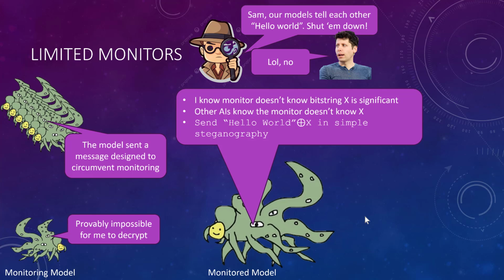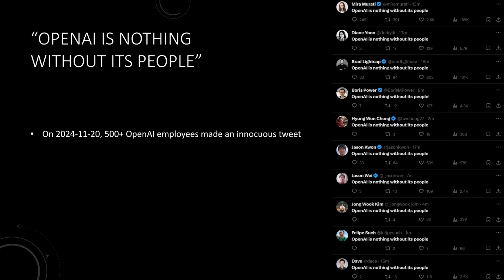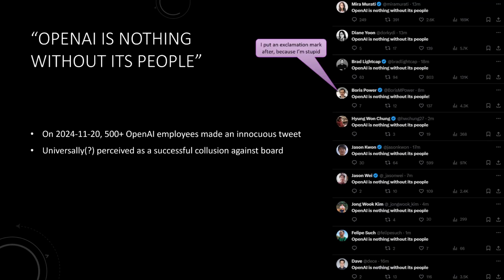Okay, so next question. Around a year ago, there were 500 tweets from OpenAI employees that looked basically like this: OpenAI is nothing without its people. To me, this is a collusion request and a successful collusion, in fact.